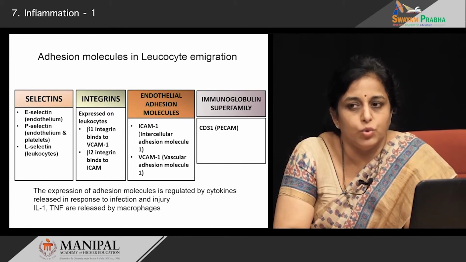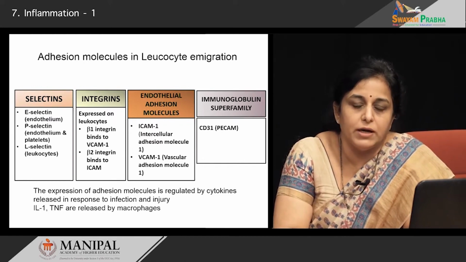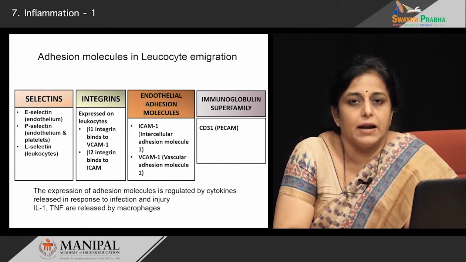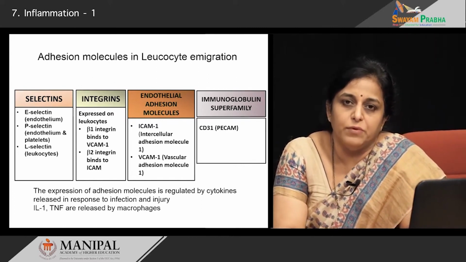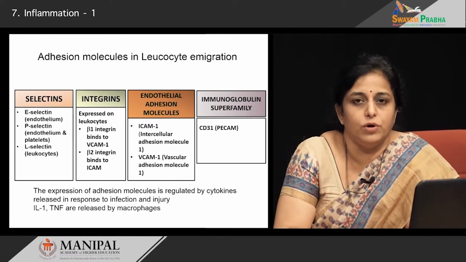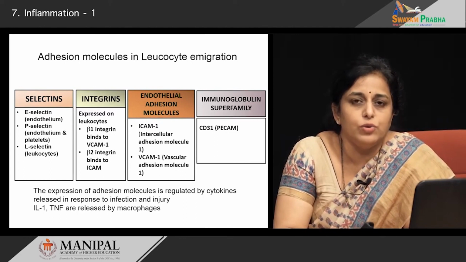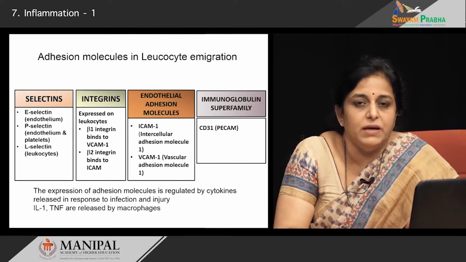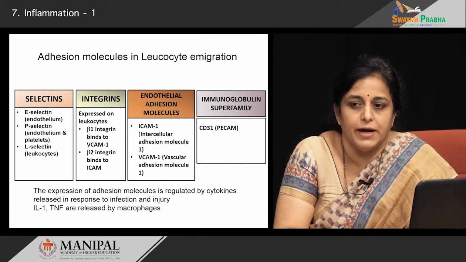There are 2 further types: B1 integrin, which binds to VCAM, and B2 integrin, which binds to ICAM. Endothelial adhesion molecules are ICAM1, which is intercellular adhesion molecule, and VCAM, which is vascular adhesion molecule. Now, we learnt that integrins and these endothelial adhesion molecules brought about firm adhesion. The immunoglobulin superfamily has CD31 and PCAM, which is important in the process of transmigration or diapedesis.